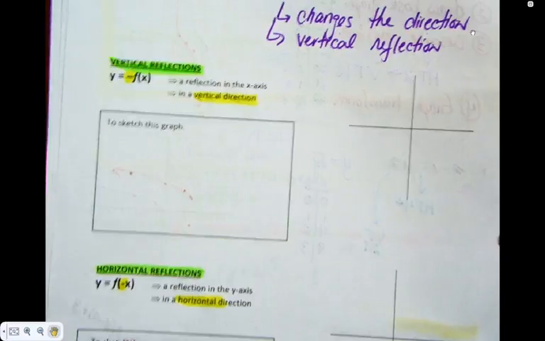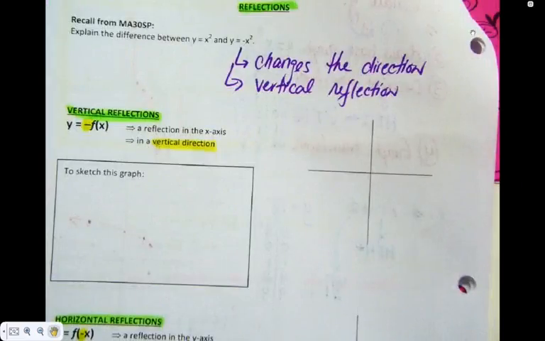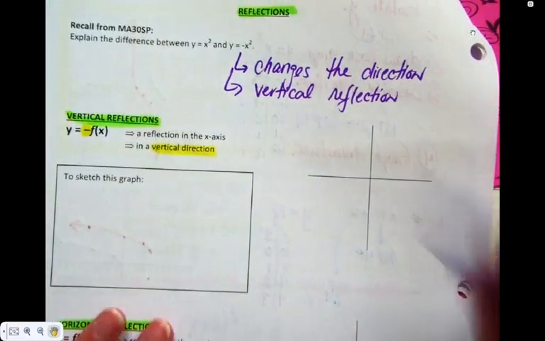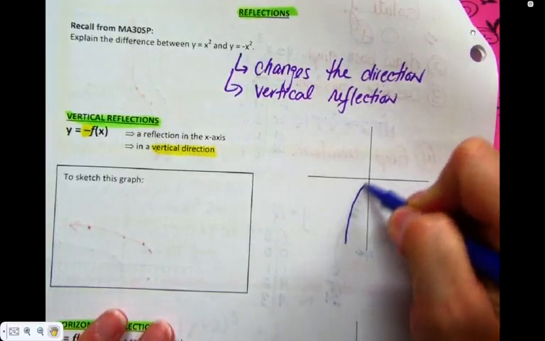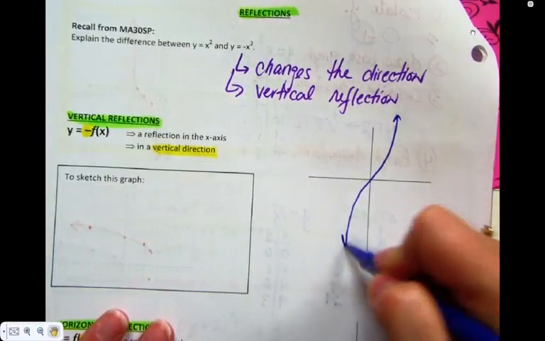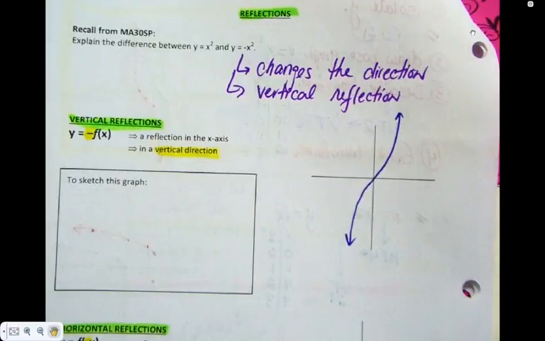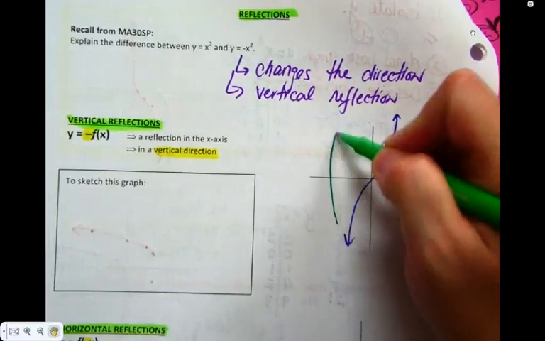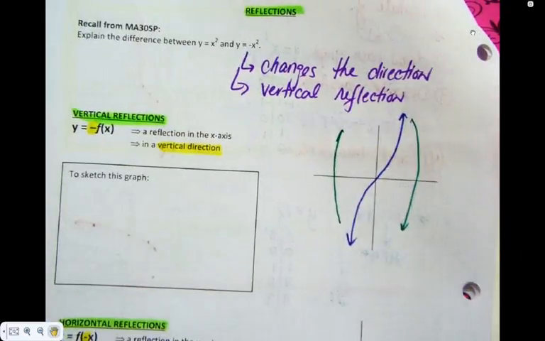So let's start with a cubic example. We're going to draw the base graph of the cubic here. Cubic comes from the bottom, snakes up through the origin, and goes up towards positive infinity. Flipping it in a vertical direction means the bottom comes to the top and the top is going to go to the bottom.